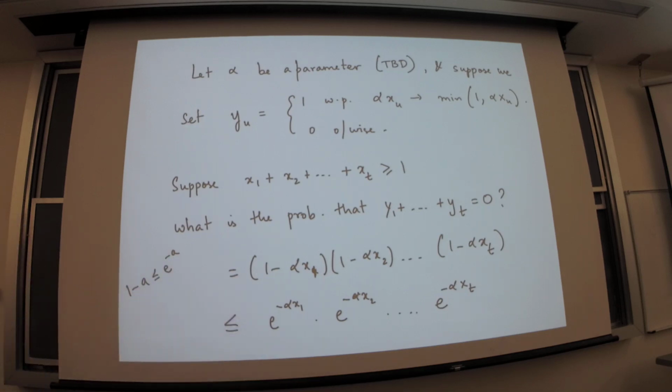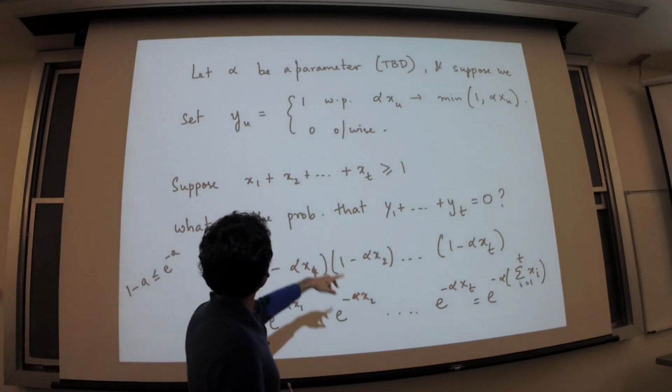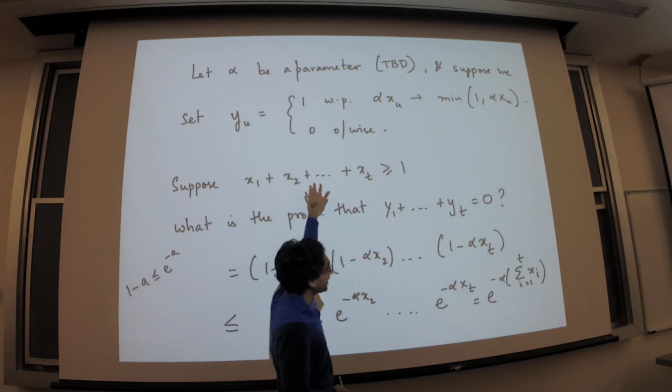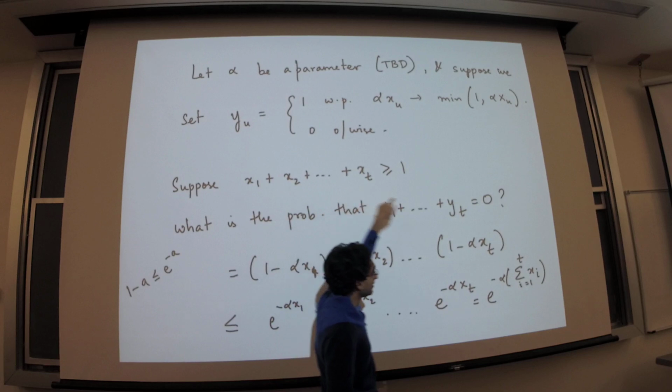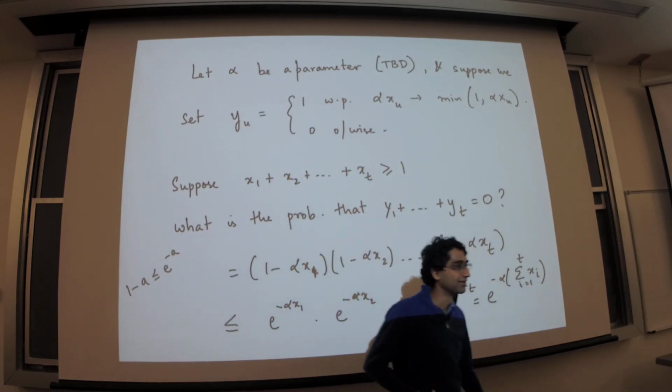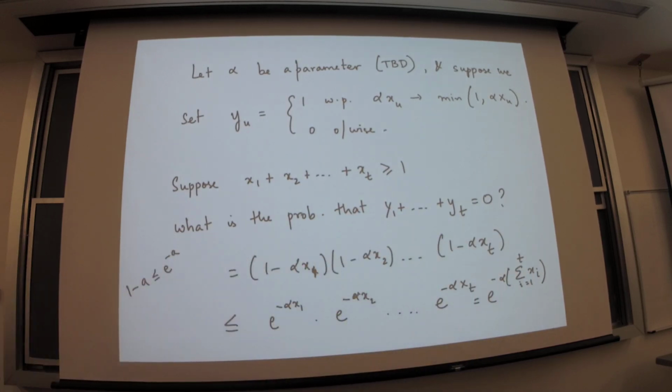And now this is nice, you have a product of exponentials, so this just becomes e to the minus alpha times the sum over i going from 1 through t of x_i. So now you're in good shape, right? Now you suddenly realize that, hey, I can use what I know about the sum over i of x_i. This is exactly the term that shows up here.